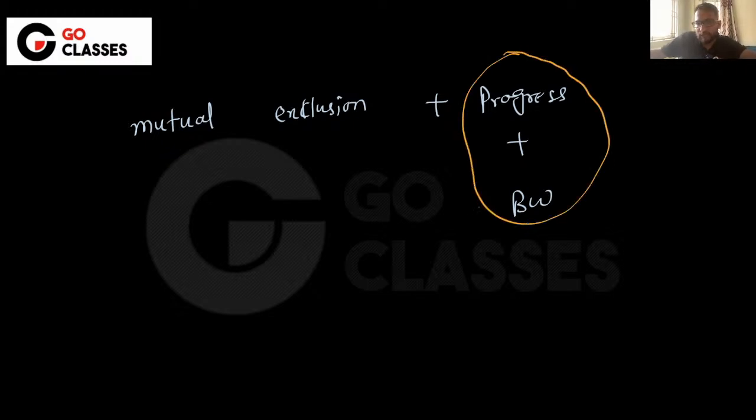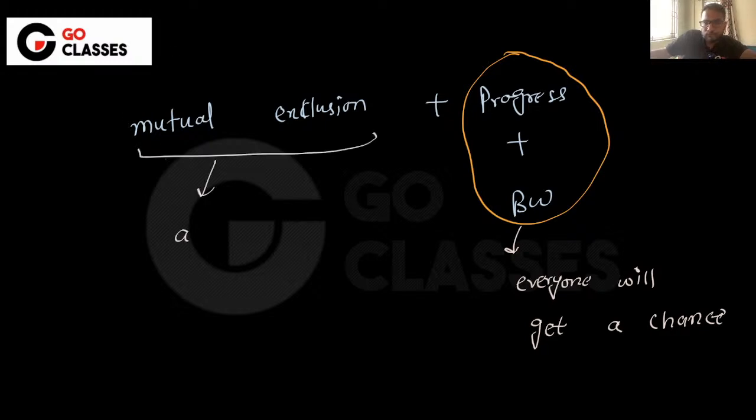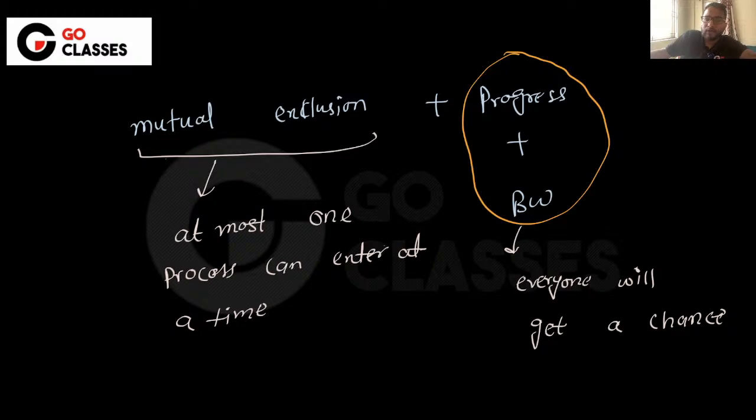These two together say that everyone will get a chance. And this says that at most one process can enter at a time, right? So basically, these three conditions are very nice, which is saying that in a critical section, at most one process can enter at a time.